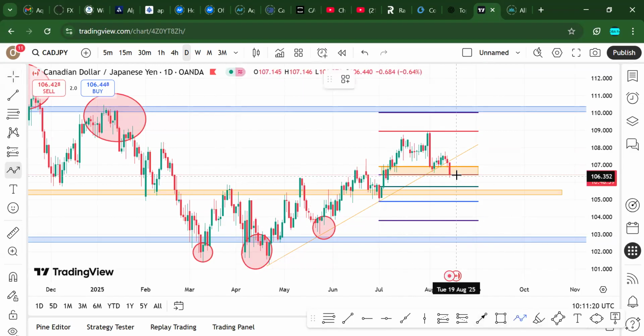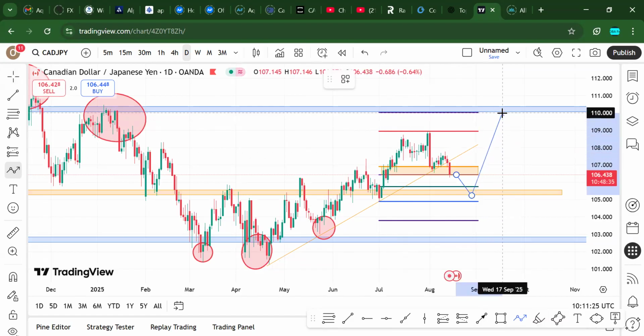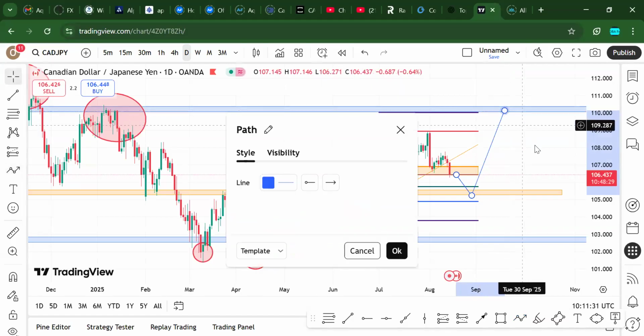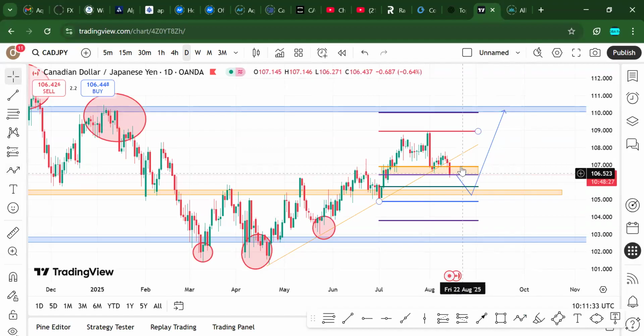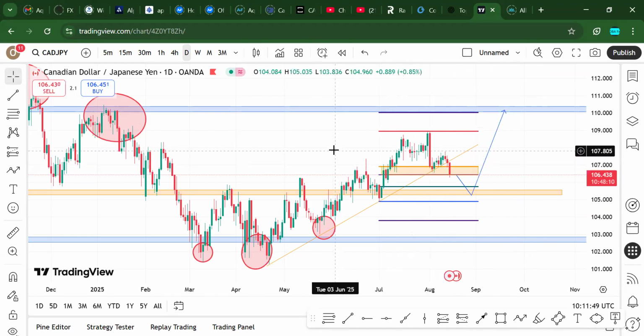So what I'm saying is price is likely to come down here and then go back upwards to this major key zone that we drew from the monthly time frame, or buyers may come in at this key zone and move price back upwards. So irrespective of what sellers are doing in the market, the market is still in an uptrend.